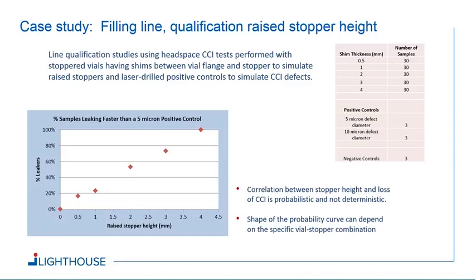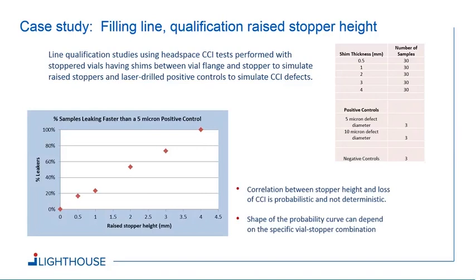So what we are plotting here is, for each raised stopper height, the percentage of leakers. We had defined a leaker to be something that is leaking faster than a 5 micron positive control. And what you see here is that the correlation between stopper height and loss of CCI is probabilistic and not deterministic.